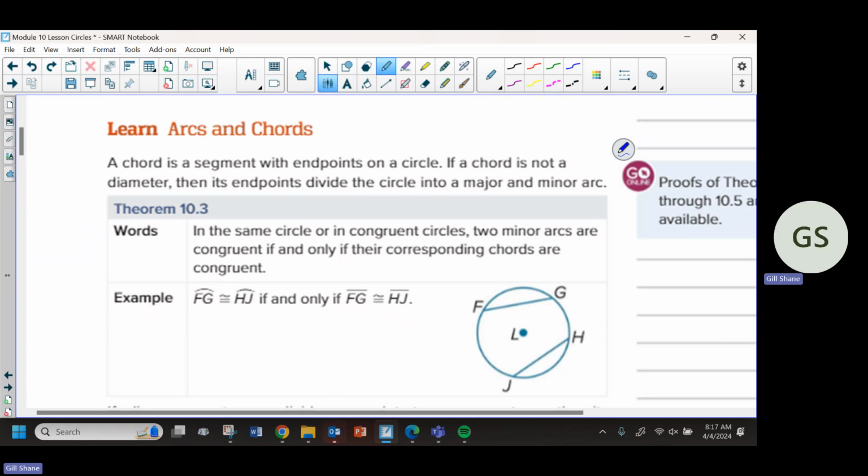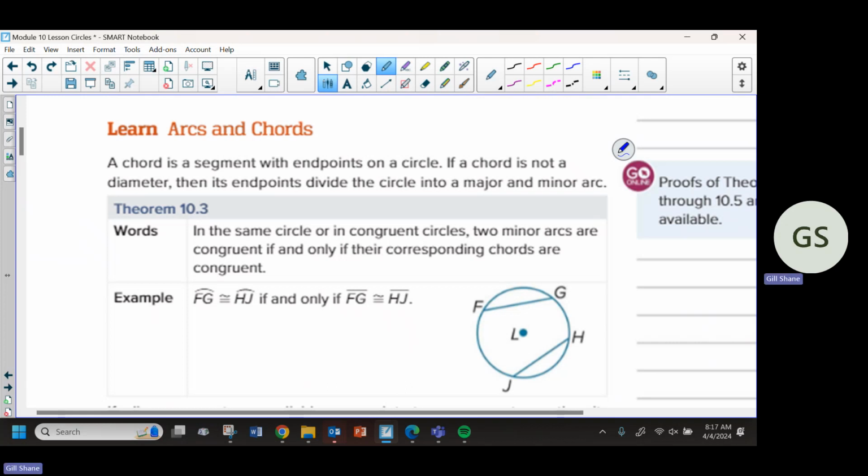For now, just understand it's kind of like that line segment is taking up a section of the circle, just like the arc takes up a section of a circle. If the line segment is congruent to another line segment, then the arcs that have those same endpoints are also congruent. Same number of degrees, same length, same number of radians, whatever measure you use, they are the same.